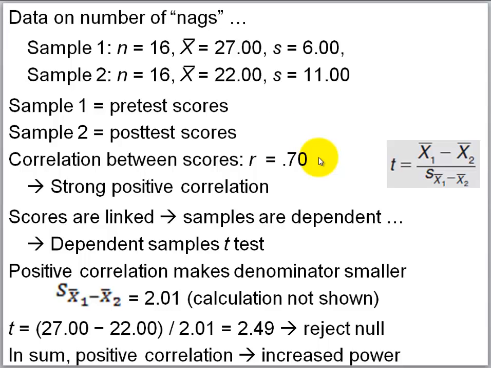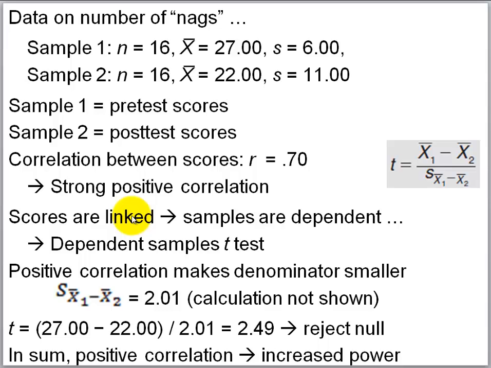I'm going to presume that I carry out the calculation of the correlation between the pre-test scores and the post-test scores, and that correlation comes out to be 0.70, indicative of strong positive correlation. These two samples are paired samples.